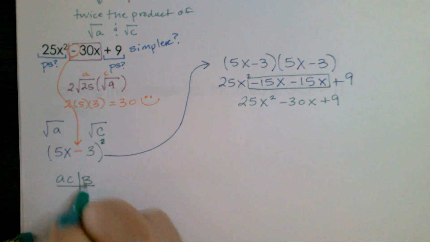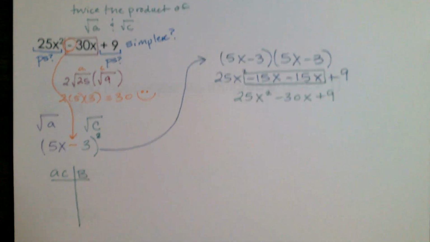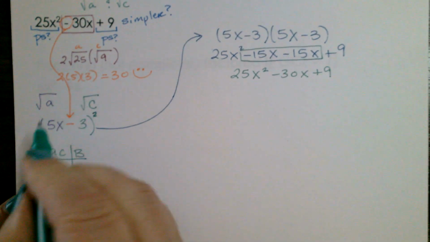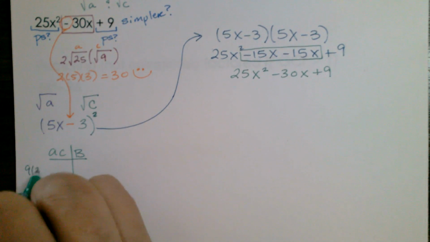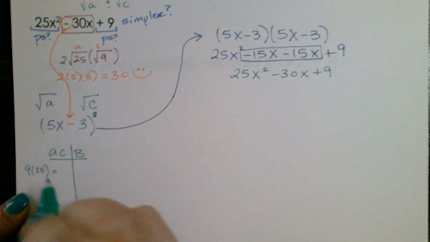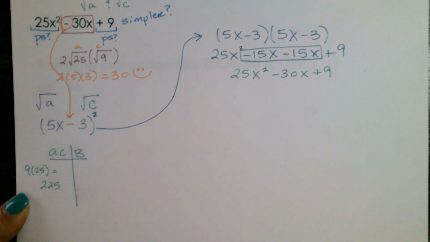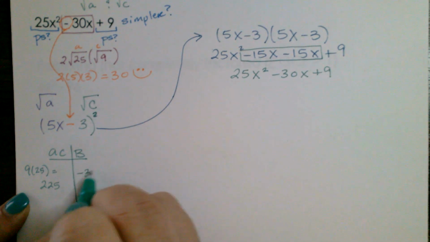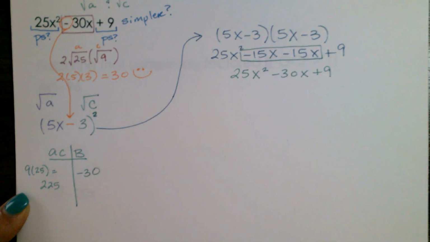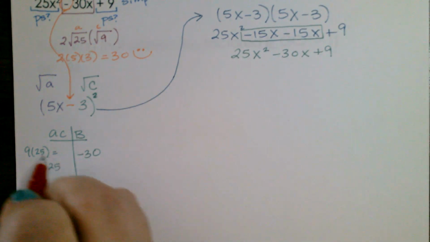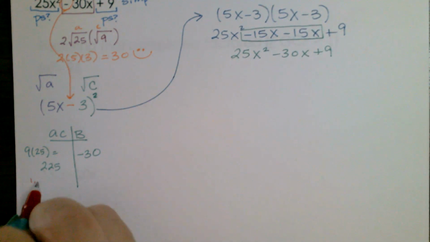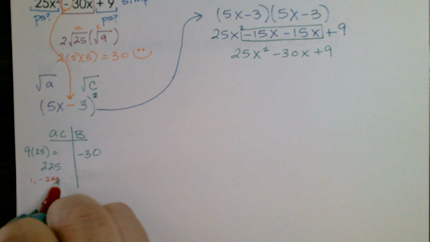That will work every time we are factoring a trinomial. I would do A times C, so 9 times 25, and I get 225. I usually think of money when I do that. And I need a sum of negative 30. Okay, so I could do 1 and negative 225.